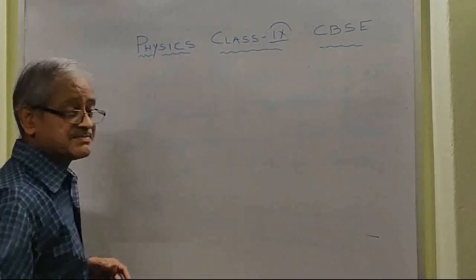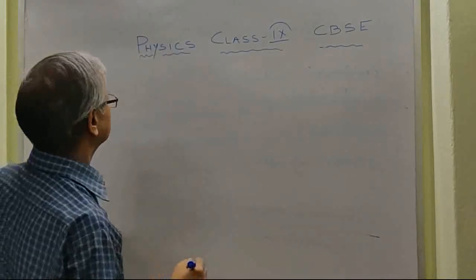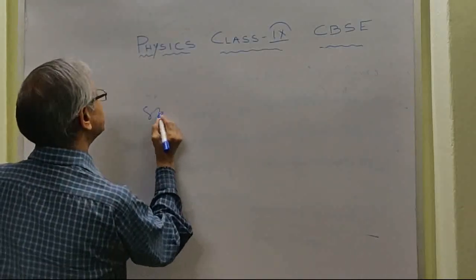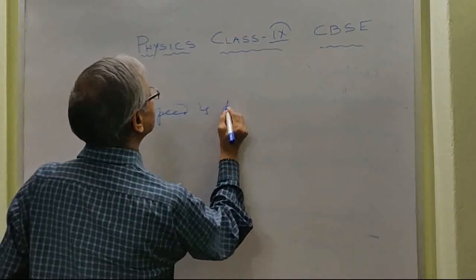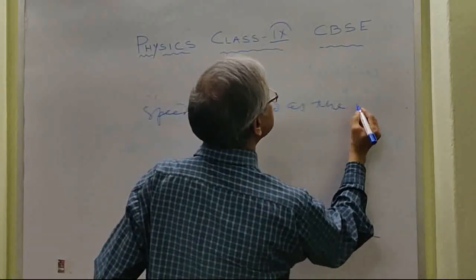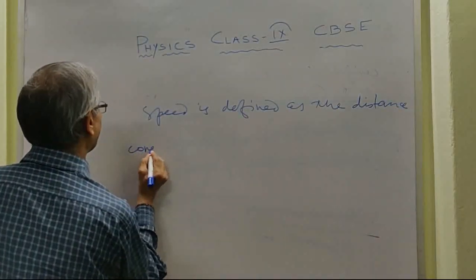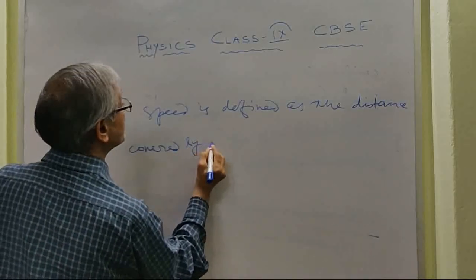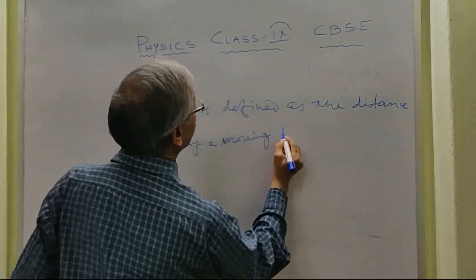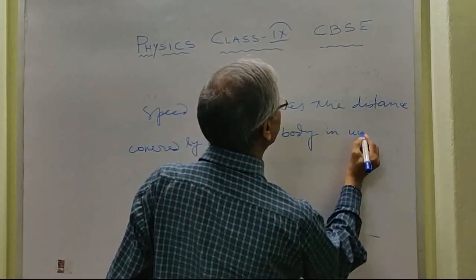We give another definition of speed. That is, speed is defined as the distance covered by a moving body in unit time.